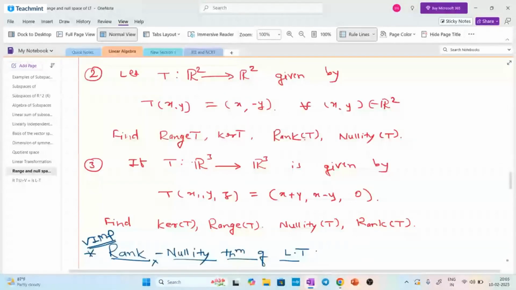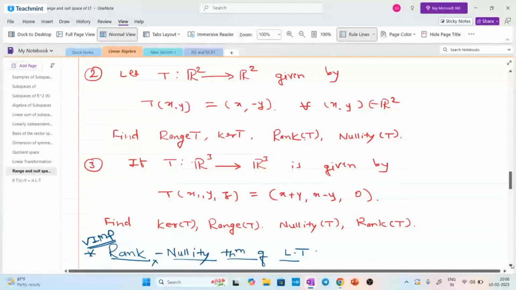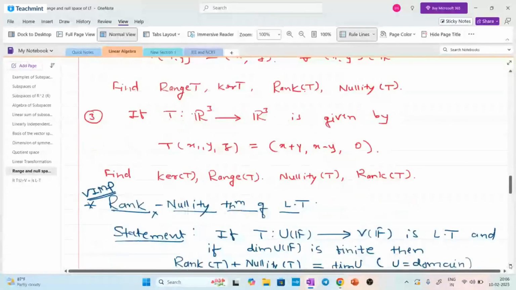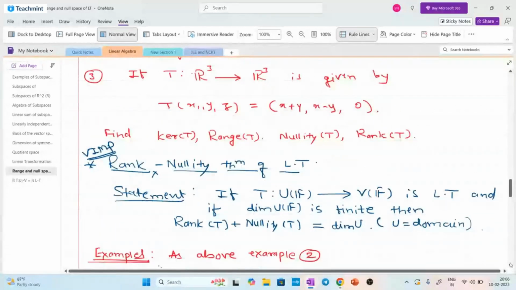T is from R3 to R3, given by T of (x, y, z) is equal to (x plus y, x minus y, 0). Here x plus y is linear, x minus y is also linear. Therefore the given transformation is a linear transformation. Then we can find its kernel of T, range of T, nullity of T, and rank of T.